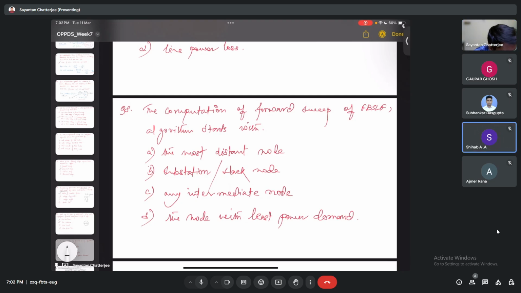B. Substation or slack node, right? Yes.